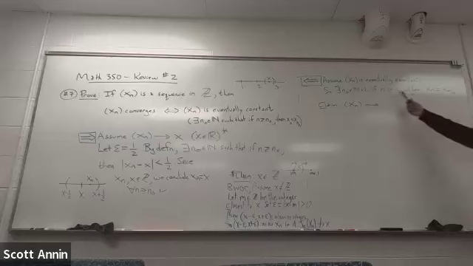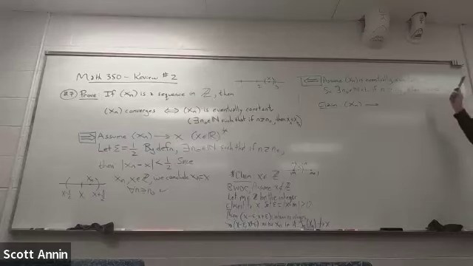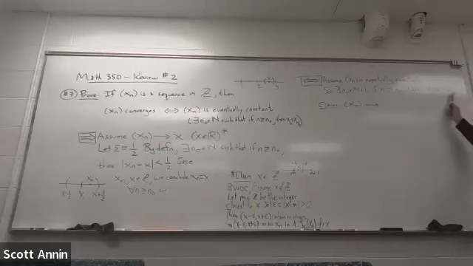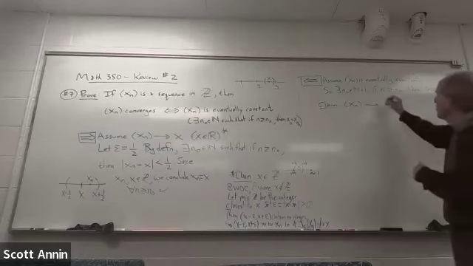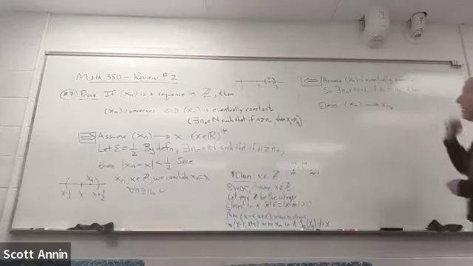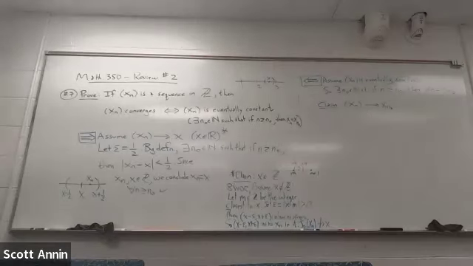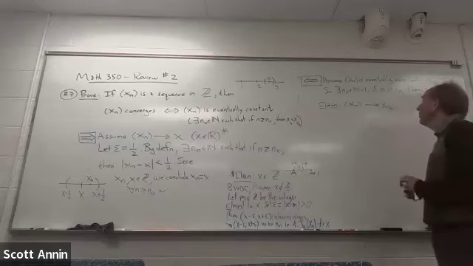So keep in mind, after a certain point, all of the xn's are just equal to this number right here, x sub n naught. That's going to be it. It's going to converge to x sub n naught. Absolutely. That's a reasonable claim to make.